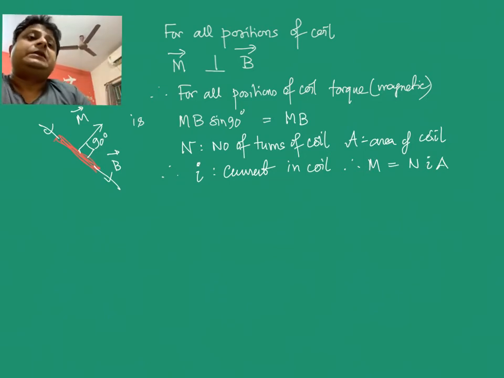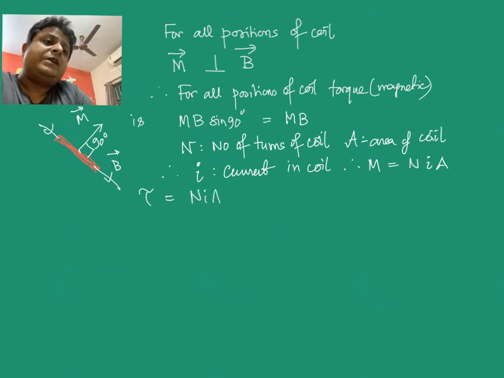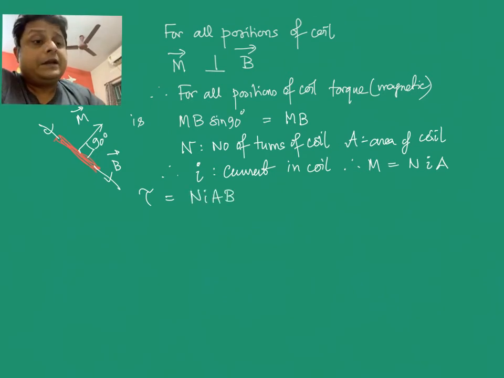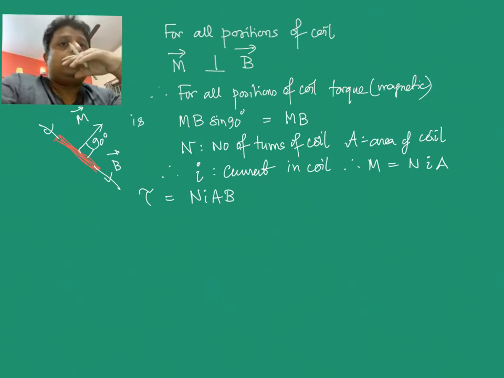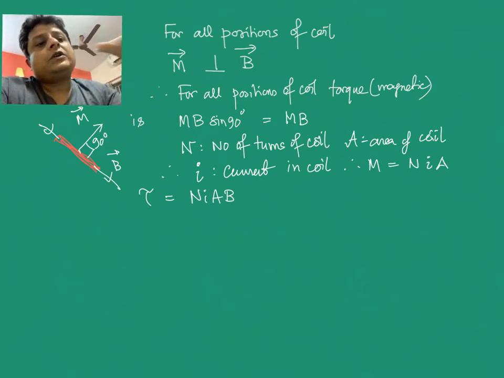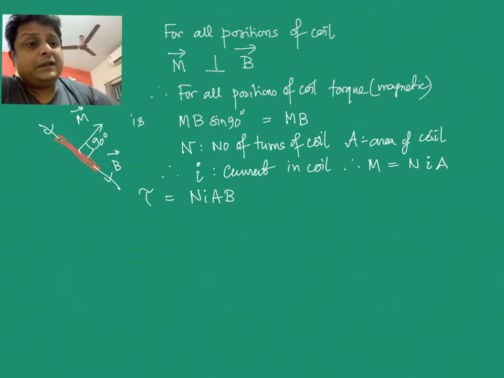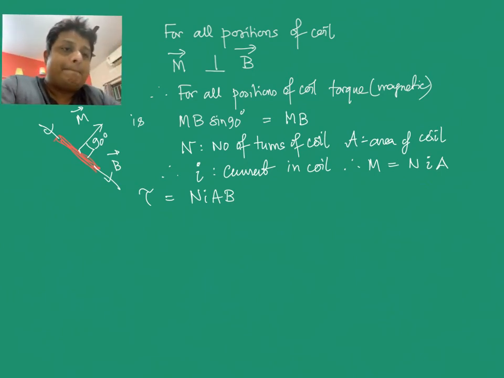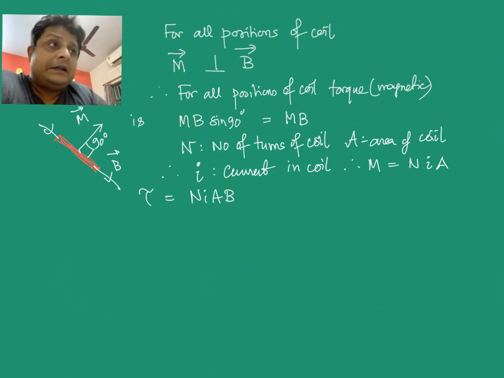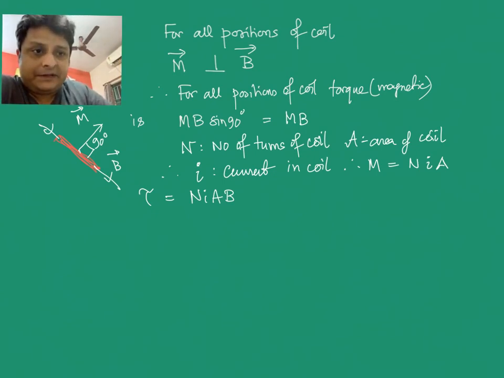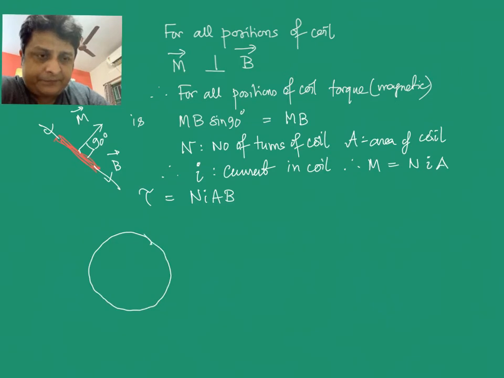So the magnetic torque is equal to NiA multiplied by B. Now the coil experiences a torque, rotates, and after that it comes to equilibrium. When does it come to equilibrium? When it is opposed by exactly equal torque, which it gets from the spring.